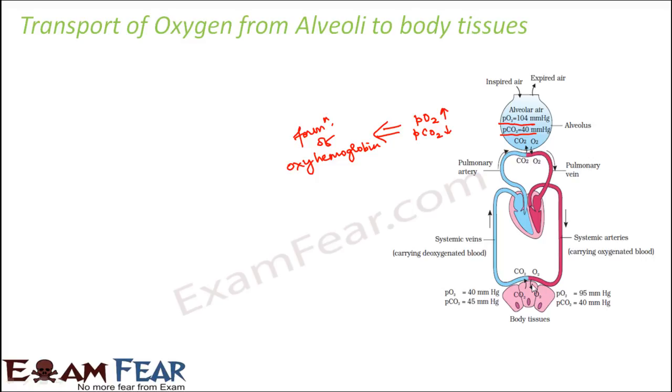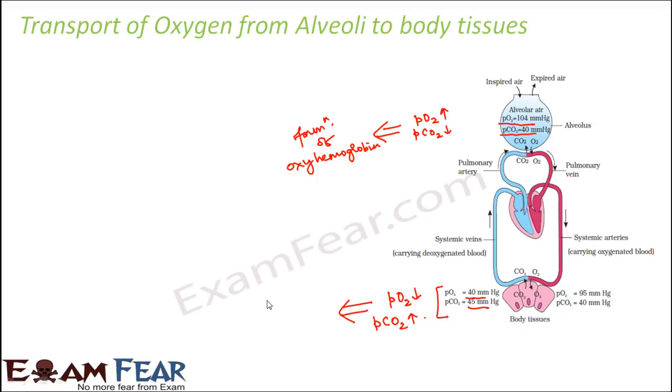Now it is carried as oxyhemoglobin, and when it reaches the tissues, what happens there? In the tissues, partial pressure of oxygen is 40 and partial pressure of carbon dioxide is 45. That means here partial pressure of oxygen is less and partial pressure of carbon dioxide is more.